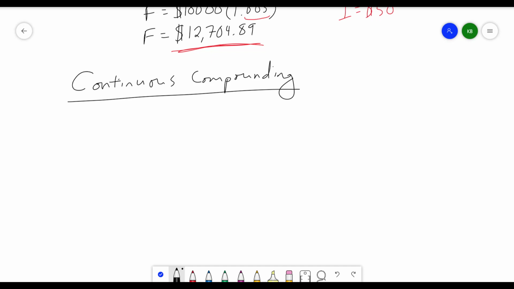So continuous compounding actually uses that constant e. Our formula is our future value equals our principal times that natural number e, that constant, raised to the rate times the time. The rate is our annual percentage rate in decimal form, and the time is the number of years.